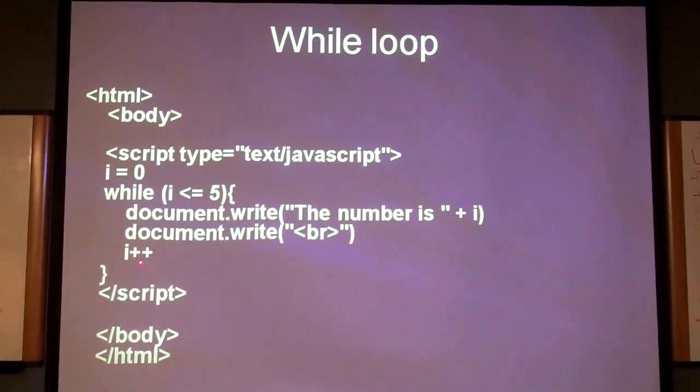But within the loop, I increment i by 1 every time. So this loop executes maybe 5 or 6 times, so you have printed this line 6 times and then it stops. So this is an example of a while loop, and the logical condition might be any. As soon as the logical condition evaluates to true or false, this will be okay.